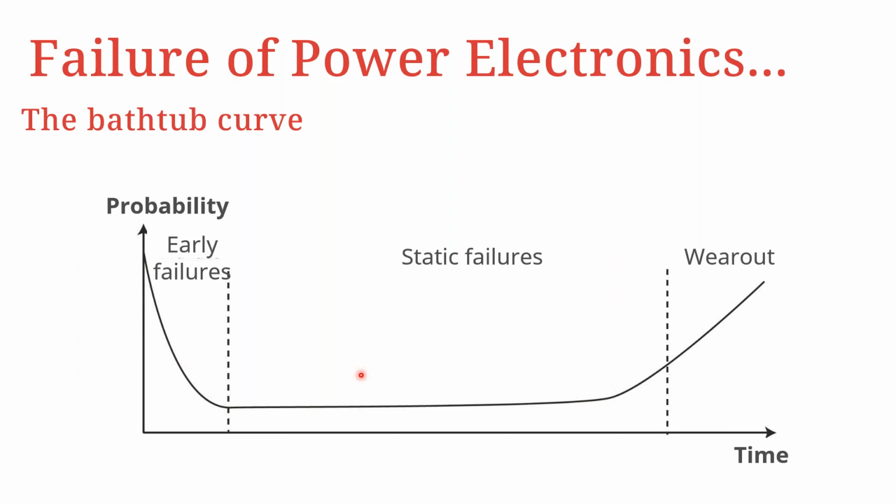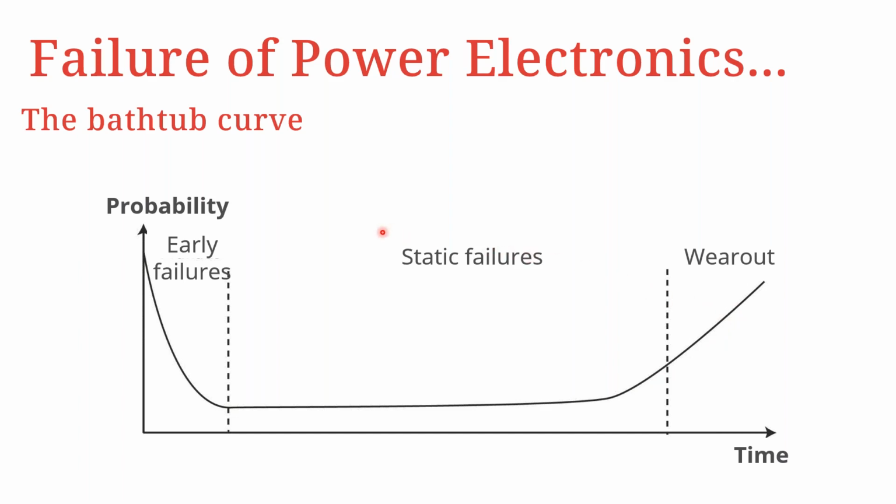It actually has 3 failure stages. The first failure stage is the early failure stage. We have the static failure stage, which is considerably the longest period in this curve. And then we have the wear out stage.